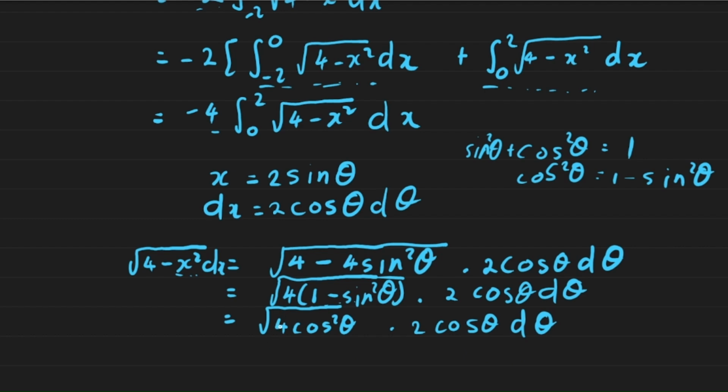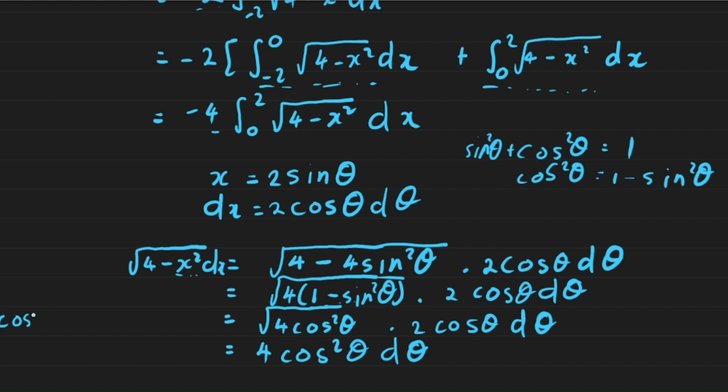Square root of 4 is 2. Square root of cos squared is cos. So 2 times 2 is 4. And cos theta times cos theta is cos squared theta. So there's just one more trig identity to remember, and that is cos 2 theta.